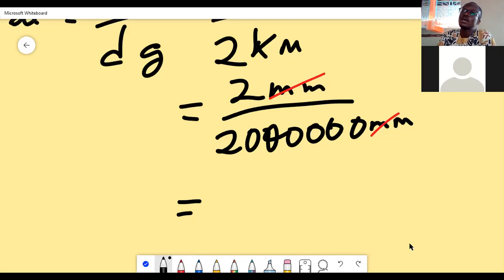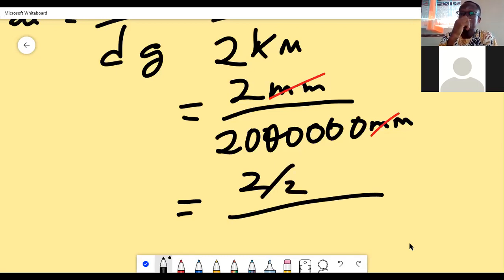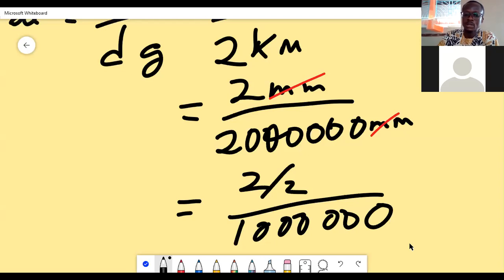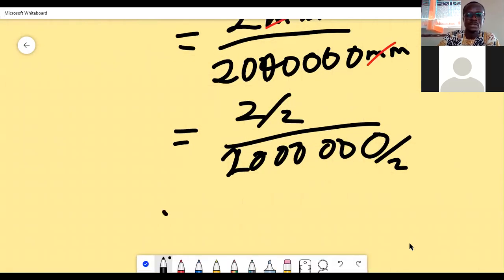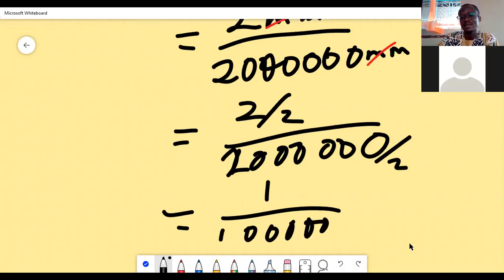This is what we call the representative fraction scale. Normally you find the scale of a map as 1:something. You see 1:2,500, or 1:50 in some engineering drawings. I've divided both sides by 2, and I go further down, and then I'll have 1 over 1 million.